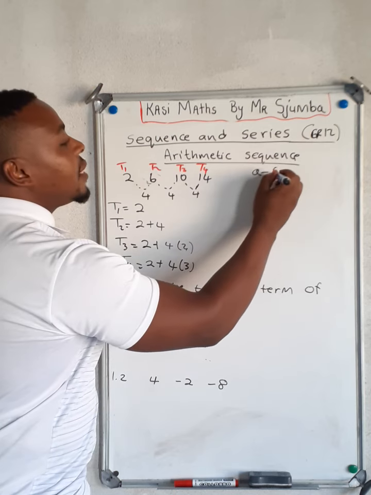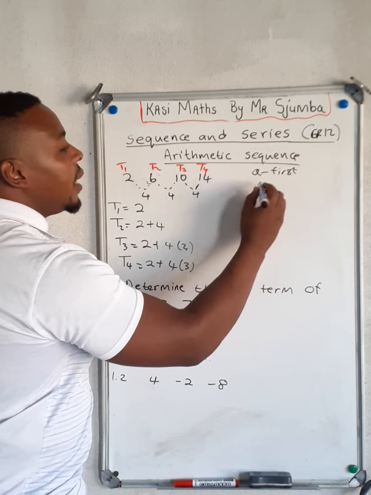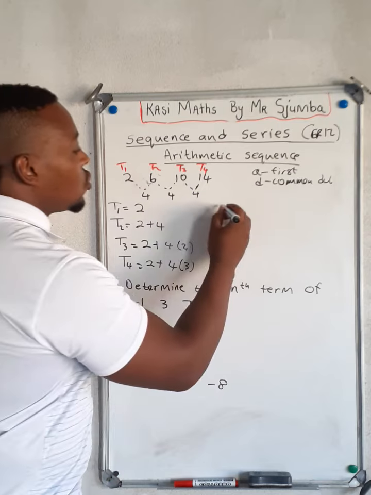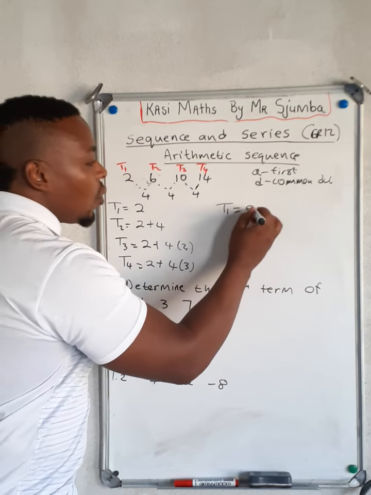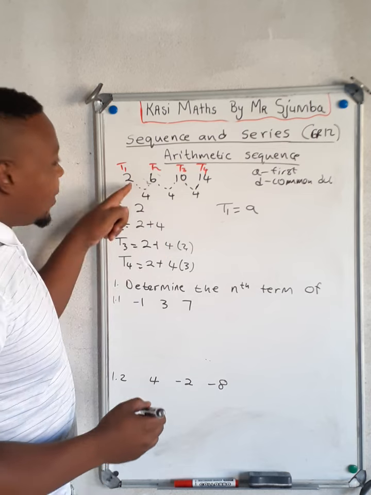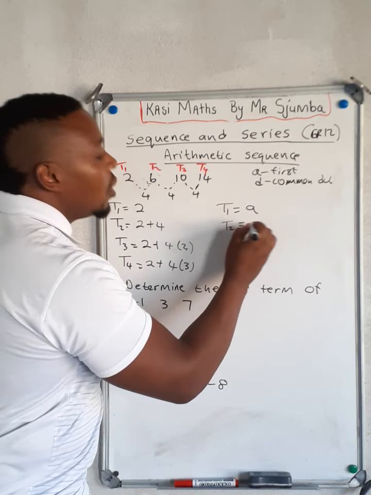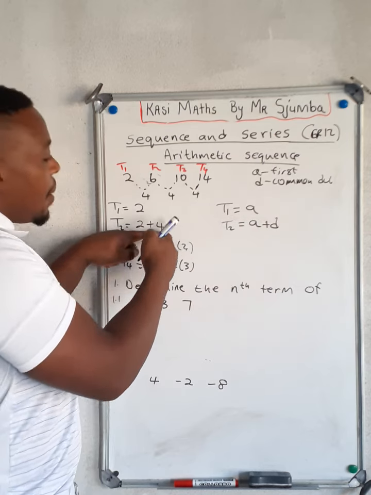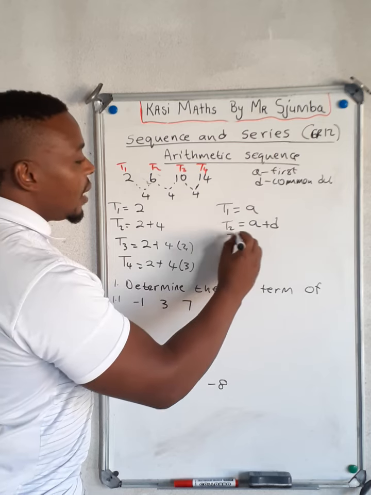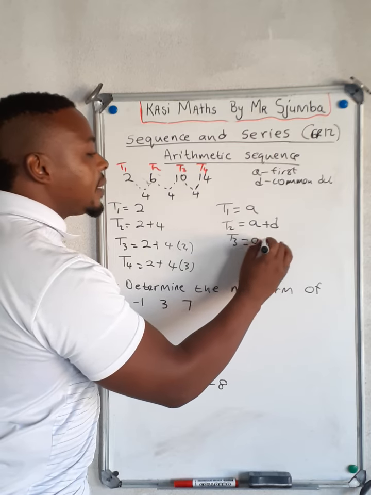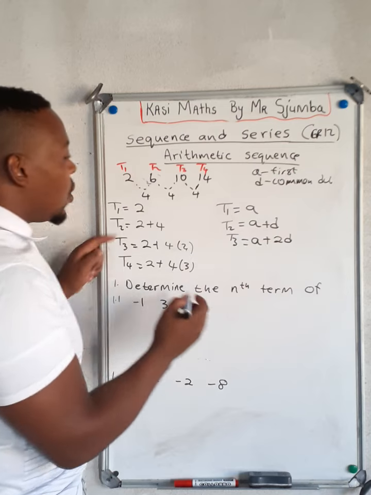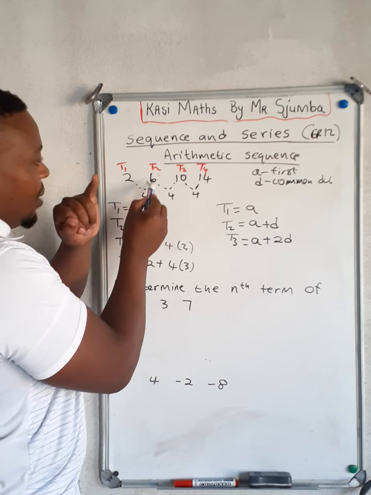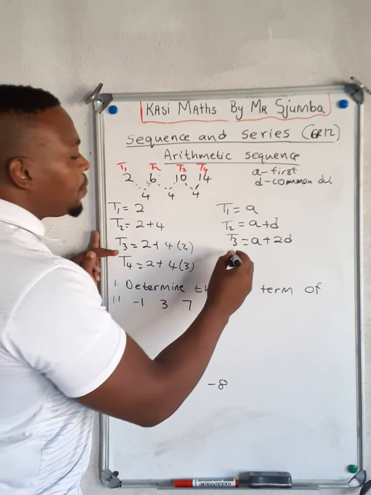So let's say the first term is A, and D is our common difference. So term 1 equals A, because term 1 is the first term. Term 2 equals the first term plus the difference. Term 3 equals the first term plus 2 differences, which is 10.